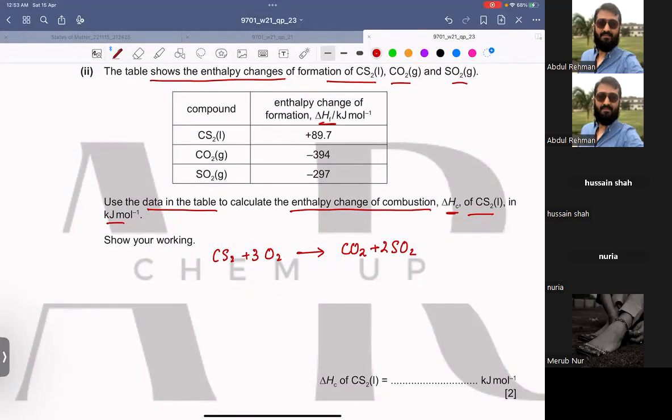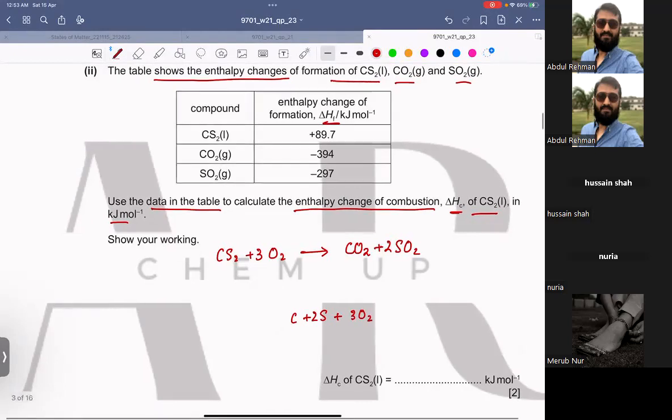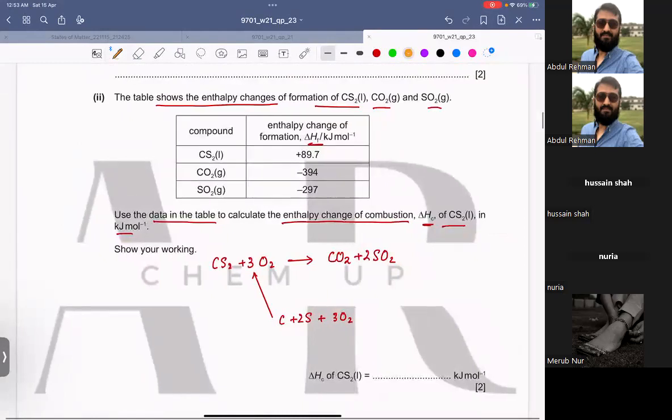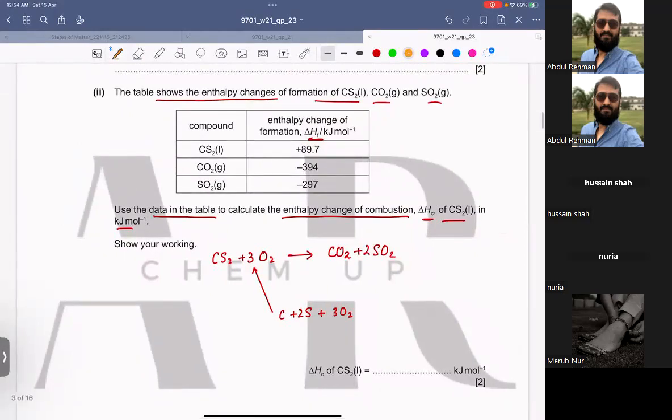Now they have provided you the enthalpy changes of formation. In an enthalpy change of formation, the reaction always has elements as the reactants. So I would put the elements over here: 1 carbon, 2 sulfur, and 3 oxygen. Here CS2 is being formed, so positive 89.7.